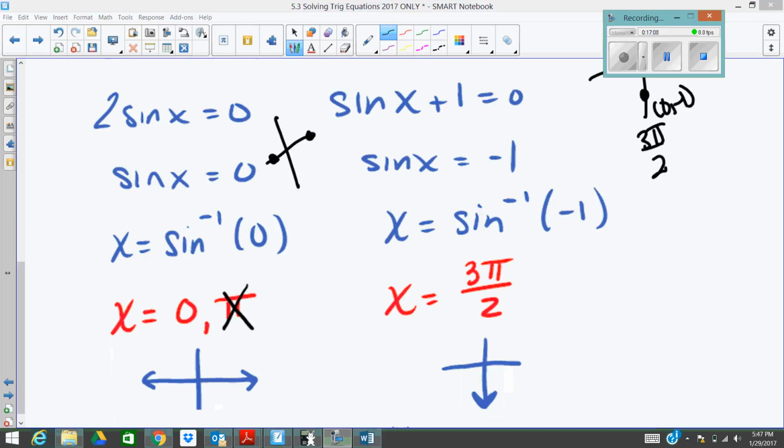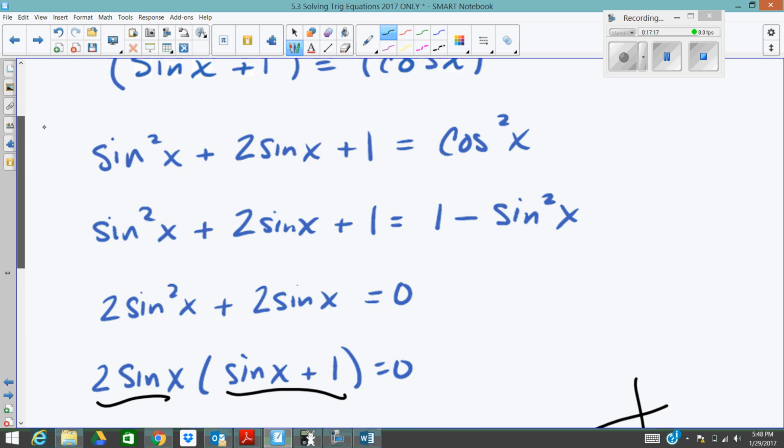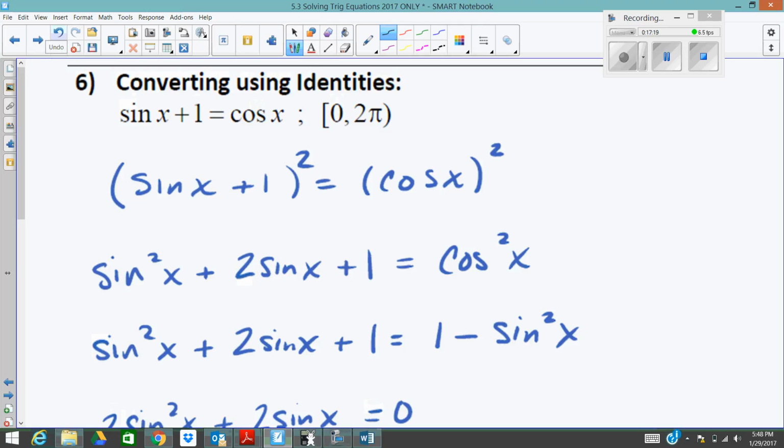And now since we squared, we have to double check all solutions to make sure that none of them are extraneous. So if we go back up to the top, let's check x equals 0. Does sine of 0 plus 1 equal cosine of x?